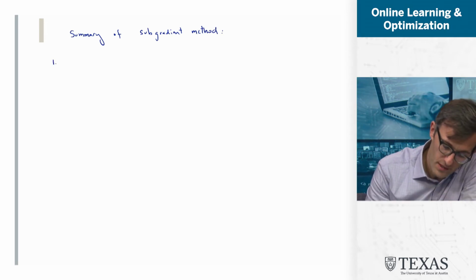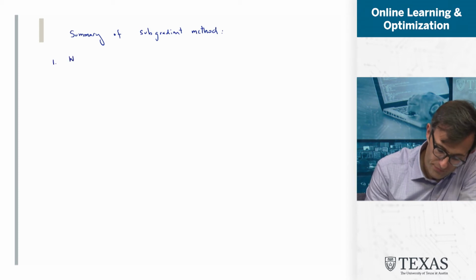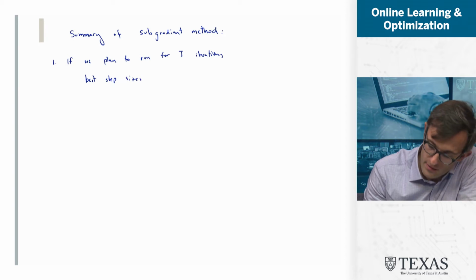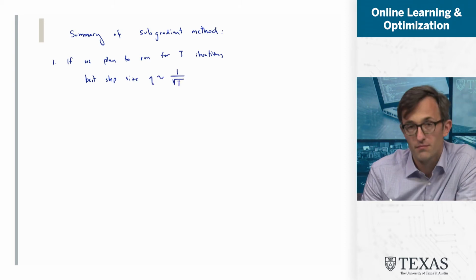First, if we plan to run for t iterations, then the best step size to choose scales like 1 over square root of t.